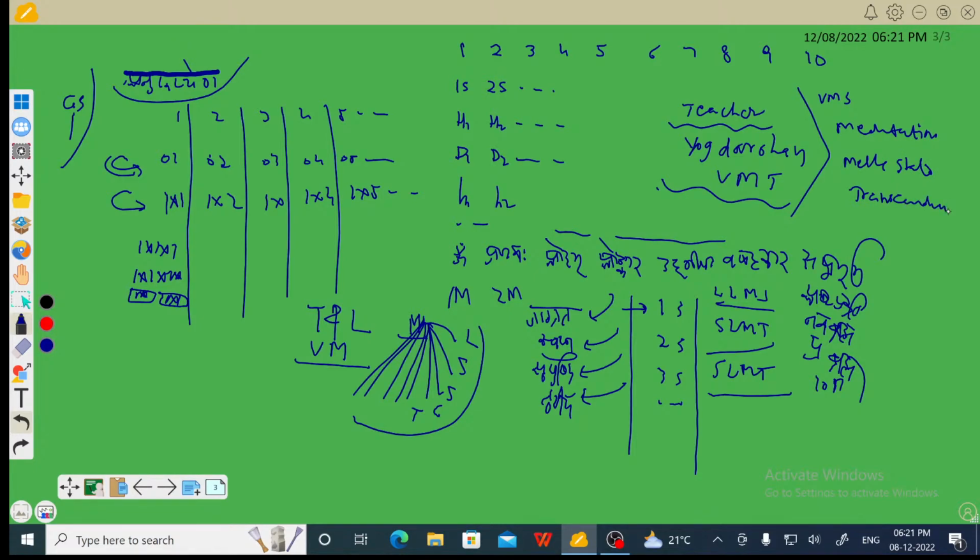Then and only then one can blissfully be on the format of Vedic mathematics, enlightened mental state of Vedic mathematics.